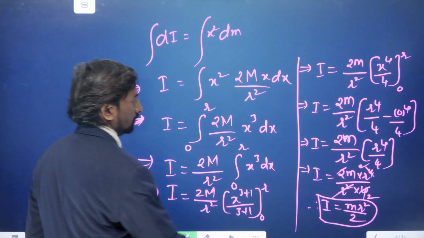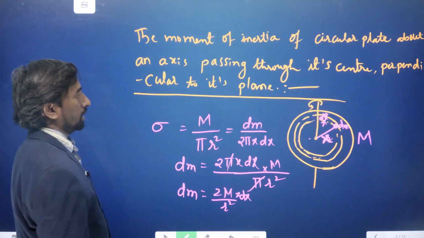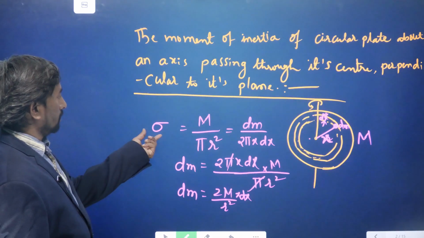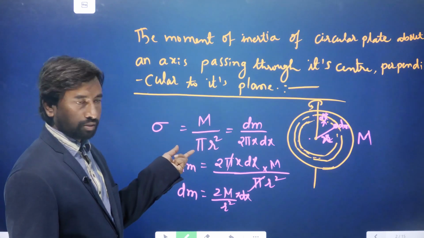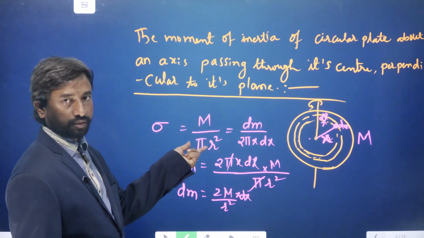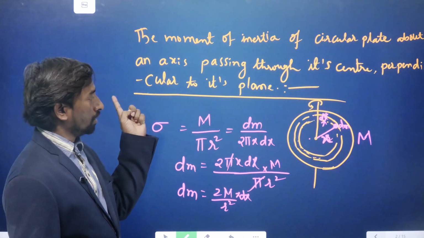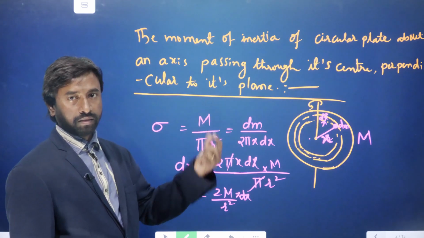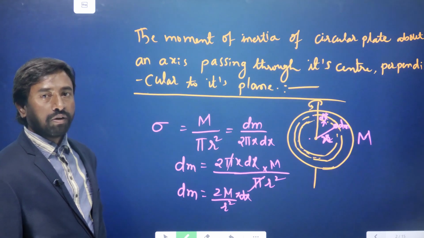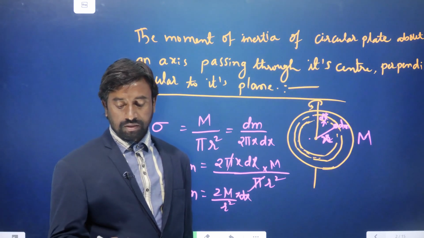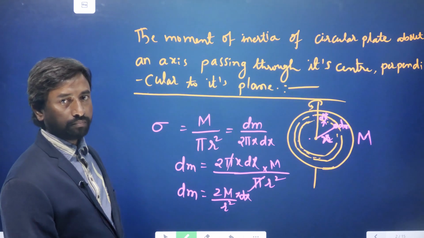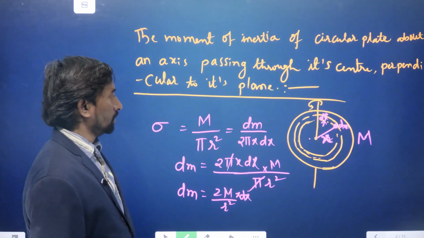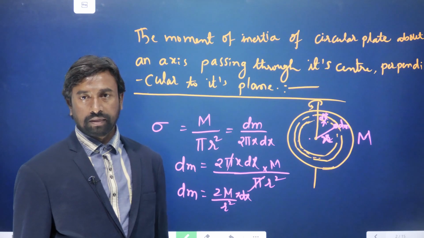It's clear now? You need to understand this one. Surface density we can add there. While finding the moment of inertia of a uniform rod about an axis perpendicular to its plane, we took the linear mass density.